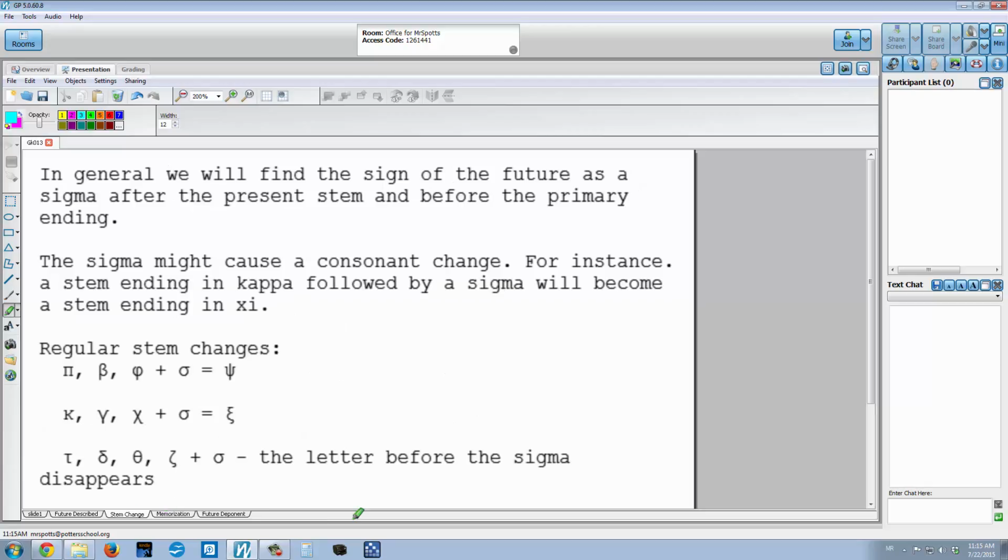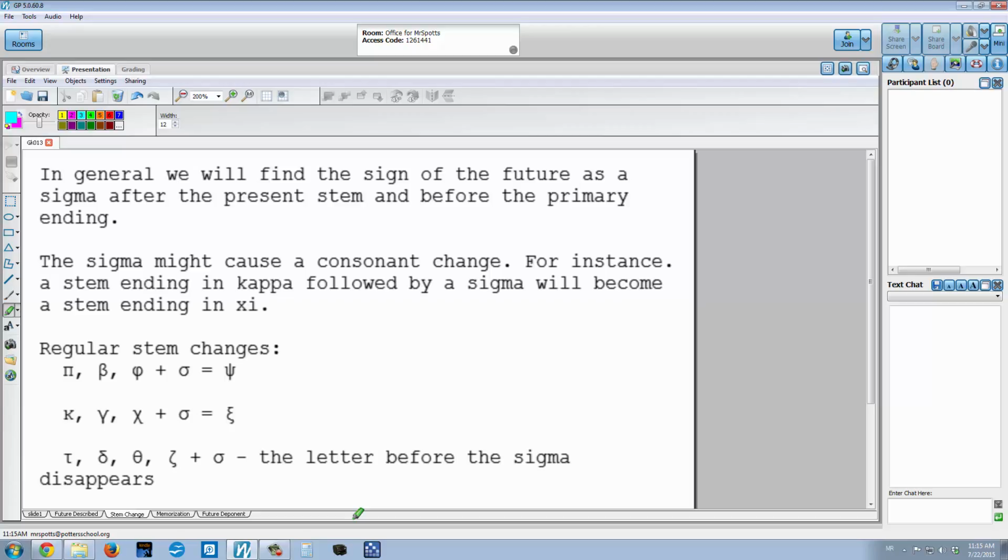Now in general, how does that stem change, or how does the sigma end up appearing? Because you will not always see a sigma after the present stem and before the primary ending. The sigma might cause a consonant change.